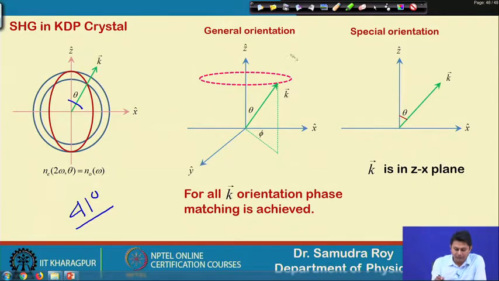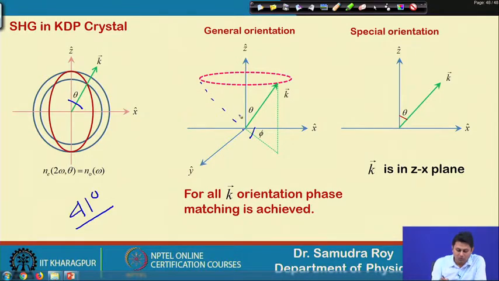So, if I look at a more general figure, one azimuthal angle one can assume, which is referred here as phi. So, in all cases, if this vector is rotated, one can make this cone.